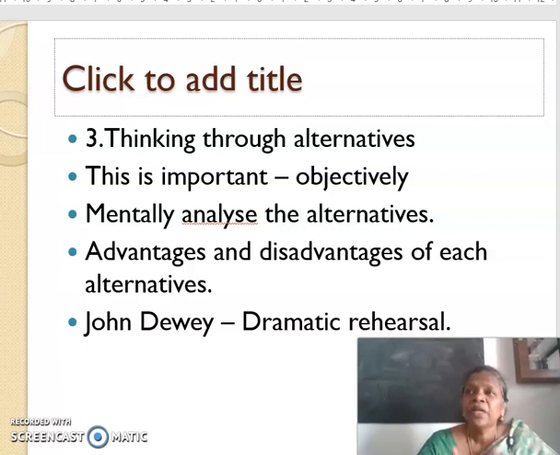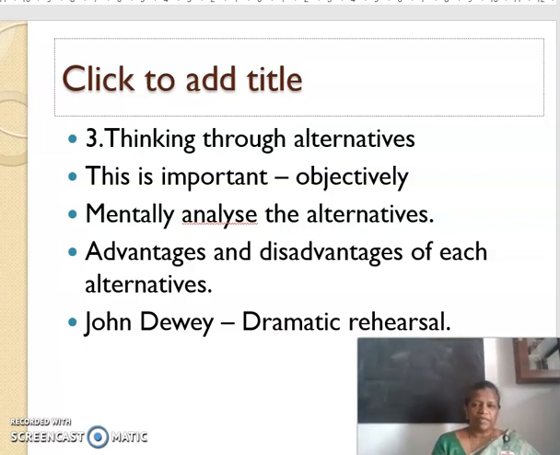Similarly, in our life also, if you want to take a good decision, for each and every alternative you have to rehearse it. If I choose this, what will be my situation? If I choose this, what will be my decision? What will be my lifestyle, etc.? So before taking a decision, you have to analyze each one of the processes.